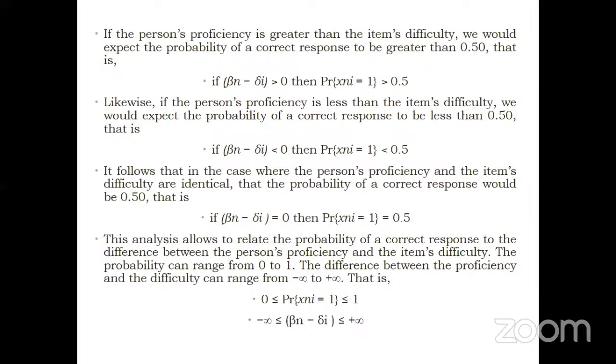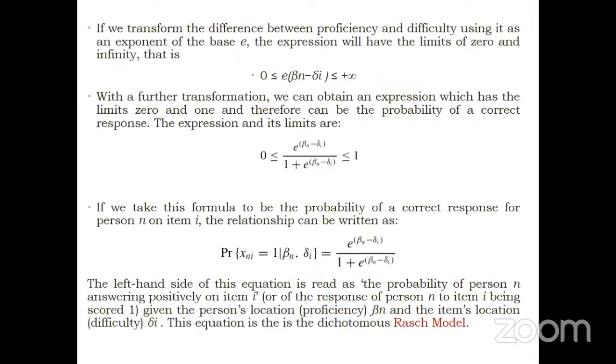So in a further transformation, if we use the difference between proficiency and difficulty as an exponent of the base e, the expression will have the limits of 0 and infinity. With a further transformation, we can obtain an expression which has the limits 0 and 1. Therefore, it can be the probability of a correct response.